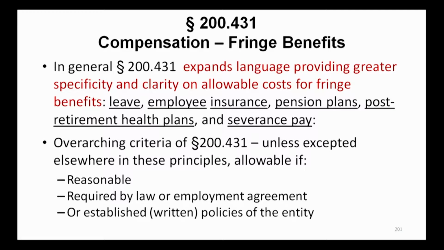So you can see the types of fringe benefits they discuss here are leave, employee insurance, pension plans, post-retirement health plans, and severance pay. So the overarching general criteria that's being applied here is that unless excepted elsewhere in these principles, they're allowable if it's reasonable, required by law or an employment agreement, or established written policies of the entity.